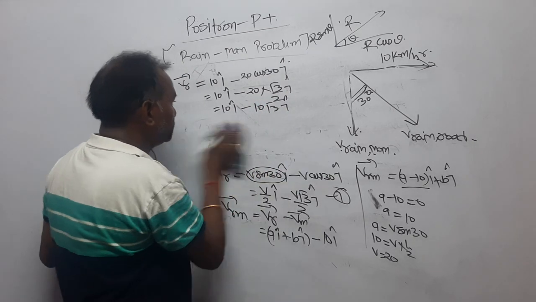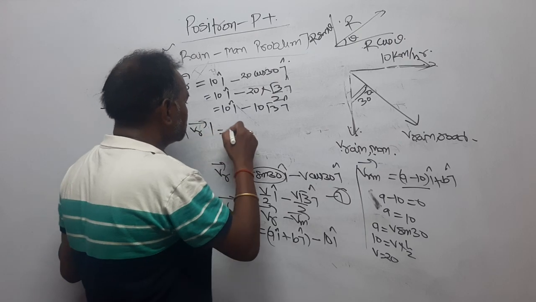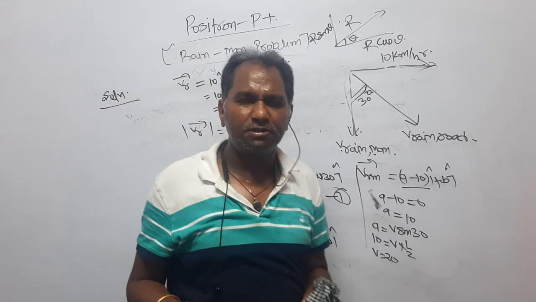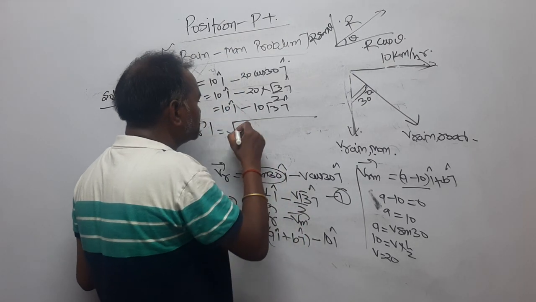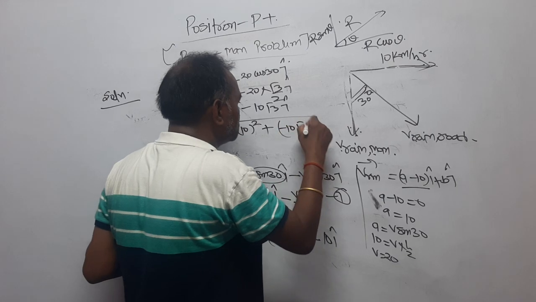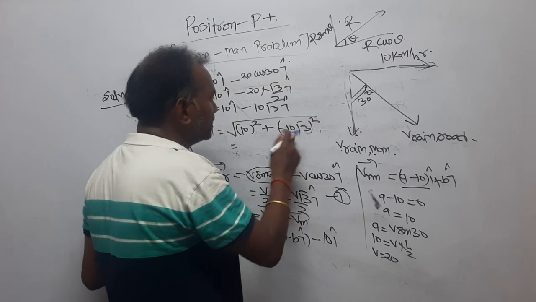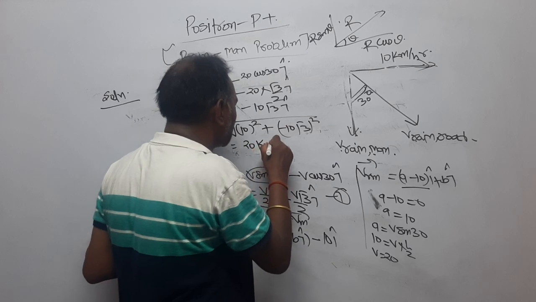Now you can find the magnitude of velocity of rain, that is, velocity of rain with respect to ground we are talking about. Now magnitude, you know, 10 square plus (minus 10 root 3) square. So it will be 100 plus 300, 400, root 400 is 20 km per hour.